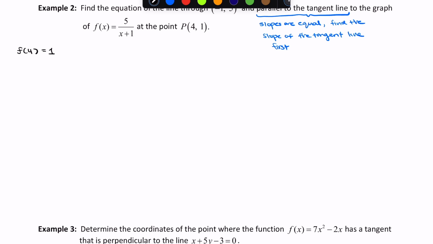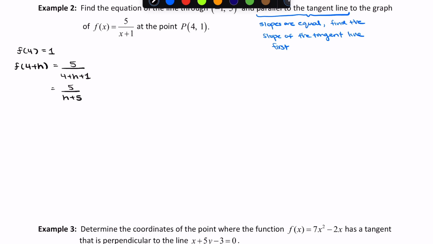So 5 over x plus 1, or 5 over 4 plus 1, will give us 1. And if we sub in f of 4 plus h, that'll give us 5 over 4 plus h plus 1, which is equal to 5 over h plus 5.